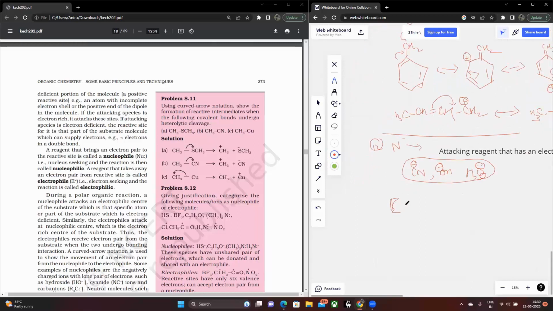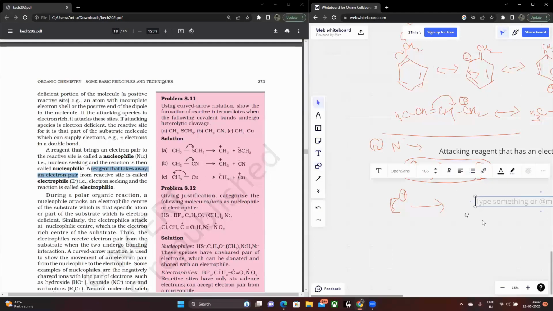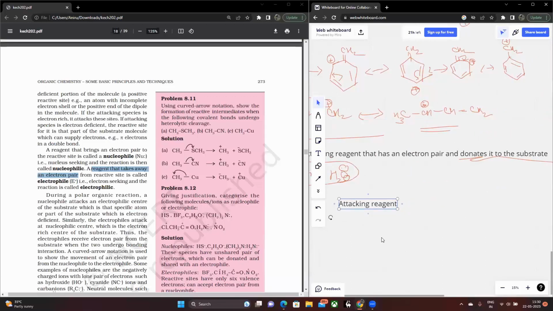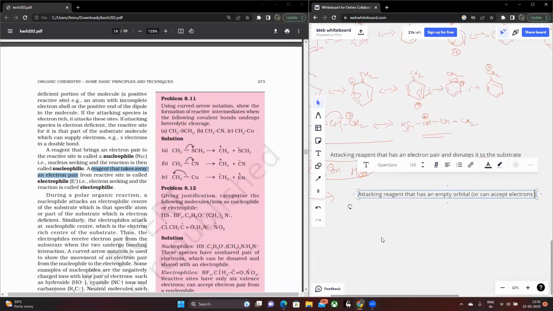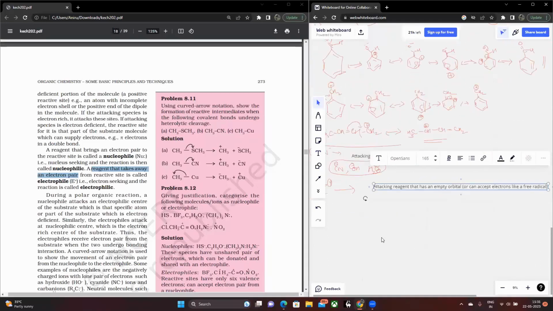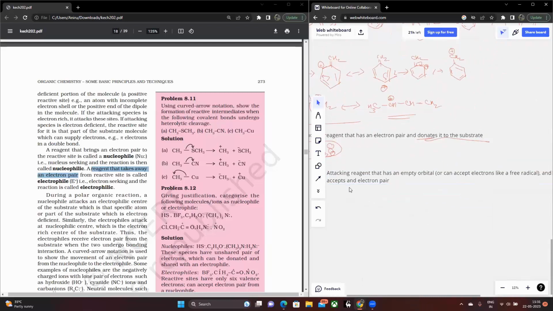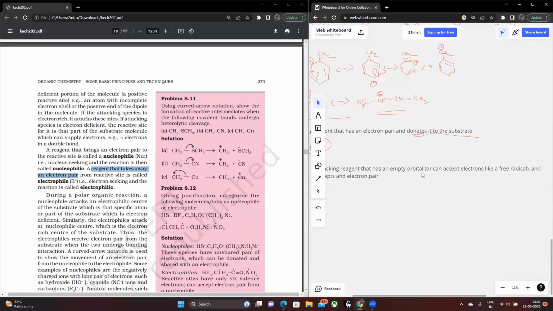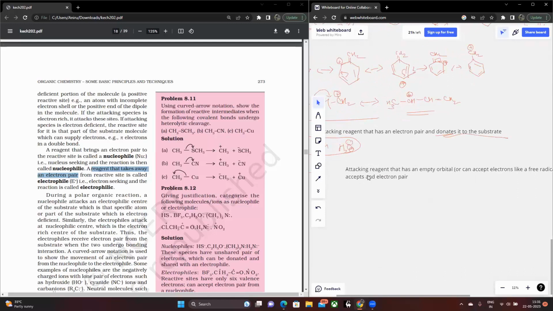While an electrophile, the reagent that takes away an electron pair, is basically also an attacking reagent, but it has an empty orbital or can accept electrons like a free radical, right? So an electrophile can be defined as an attacking reagent that has an empty orbital and accepts an electron pair from the substrate always.